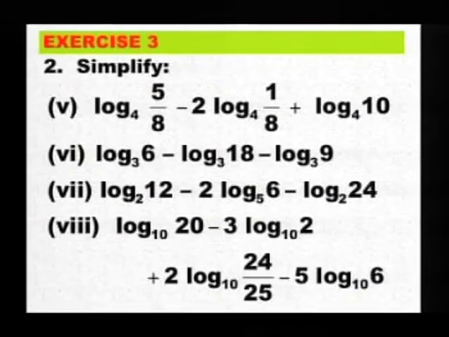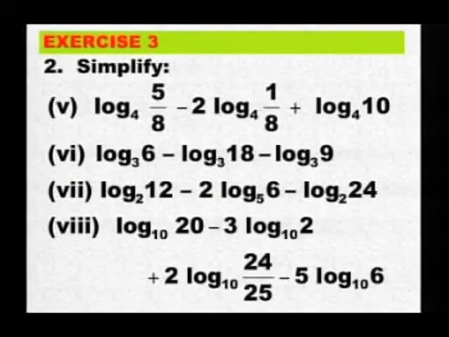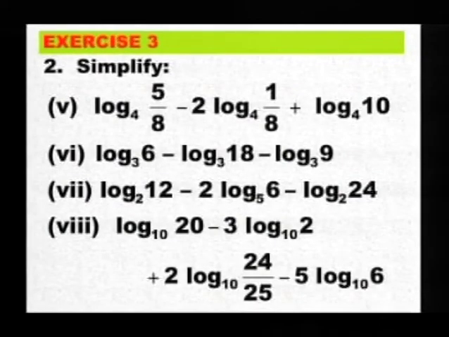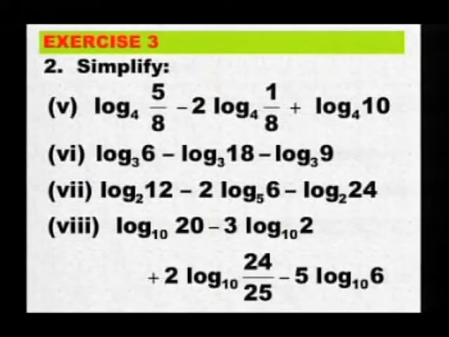All right, number 5, number 6, number 7, and number 8. Okay, I'd like you, if you're answering the question, to come and explain it on the board. All right, who wants to do number 5? Anyone for number 5?